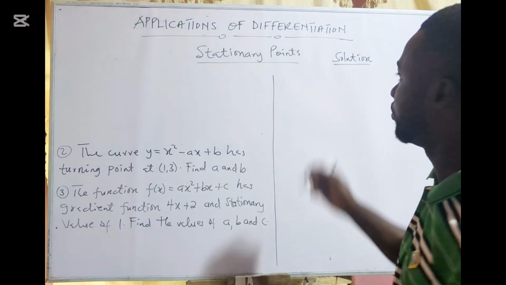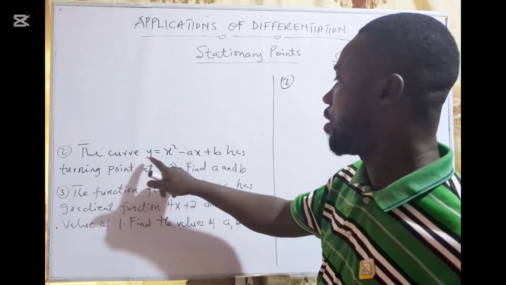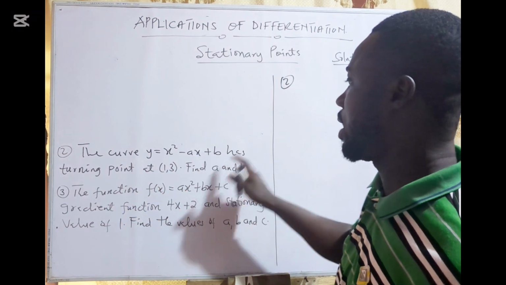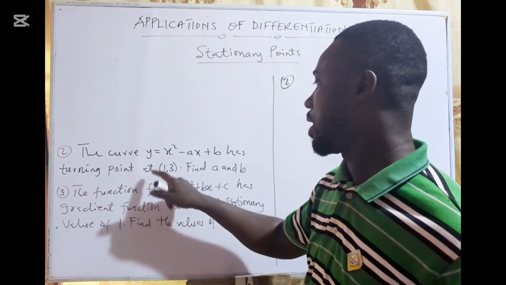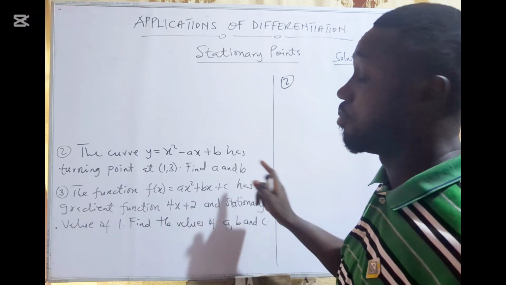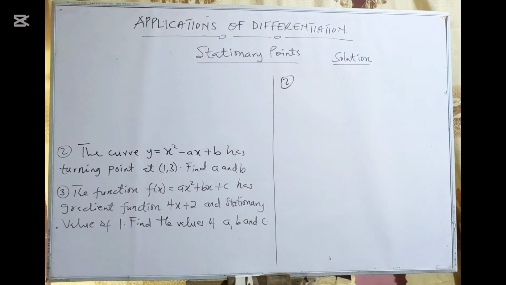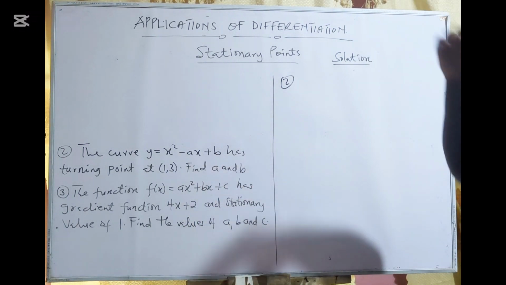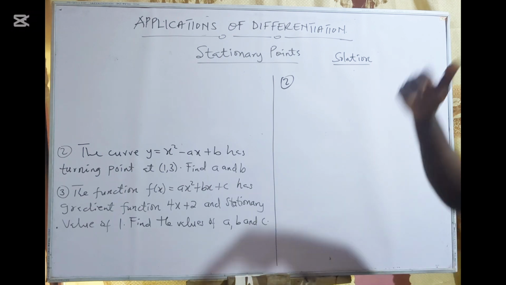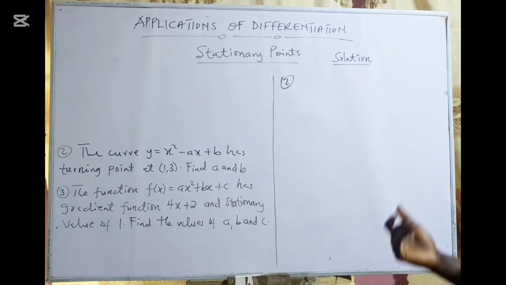So number 2: the curve y = x² - ax + b has turning point at (1, 3). Find a and b. Okay, at the turning point, that is where the curve is at the maximum or the minimum. So at the turning point, dy/dx is equal to 0.